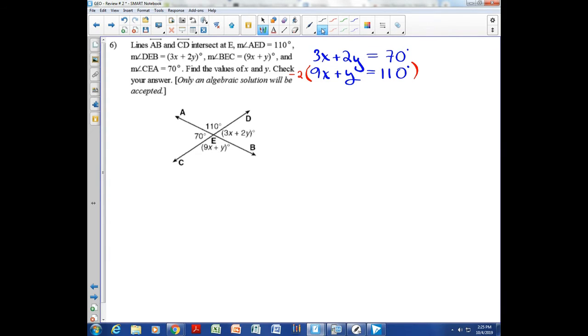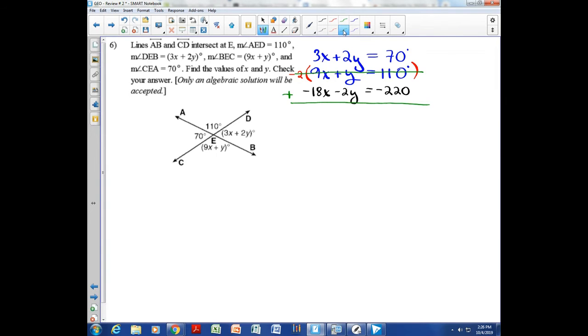So -2 times 9x is -18x. -2 times y is -2y. And -2 times positive 110 is going to be -220. I'm now just going to put a line through that middle one because I don't need it at the moment. And I'm now going to take the top equation and add it to the bottom modified equation.